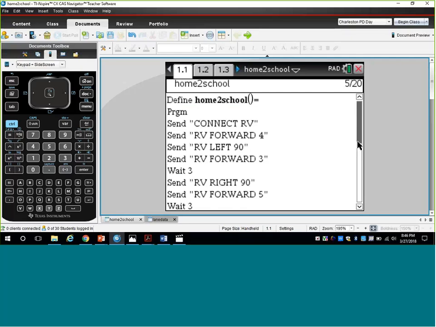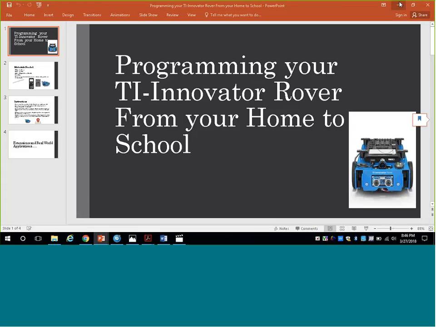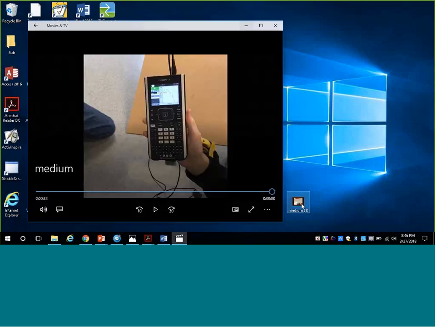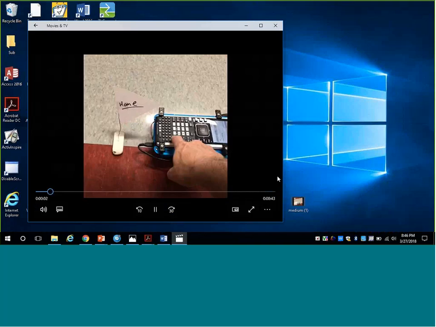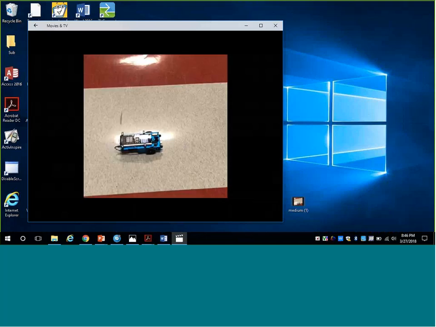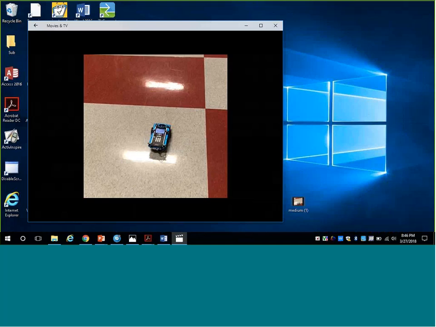And then we progressed. But let me show you a quick little video. Hopefully it won't be too terribly choppy. So this was them. This was just the basic command of following that first map I showed you. They started at home and then followed along.